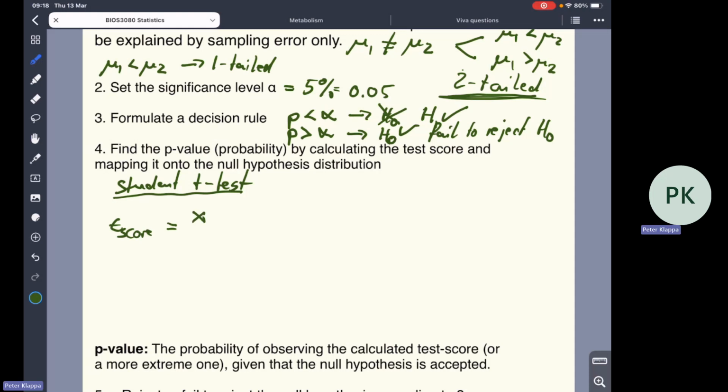The t-score is basically the mean of sample 1 minus the mean of sample 2, divided by the square root of the standard error of sample 1 squared plus the standard error of sample 2 squared. That is the t-score.